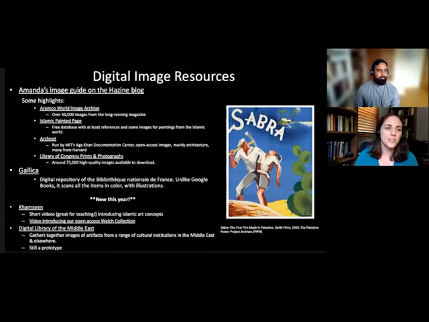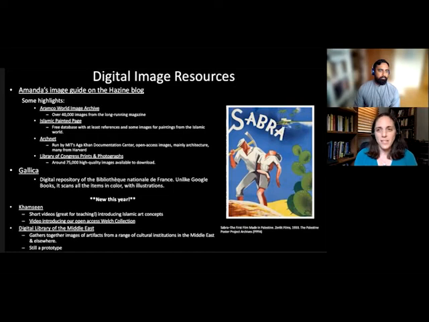Some highlights are the Aramco World Image Archive for more modern stuff. There's over 40,000 images from that magazine that they've made available on their website. The Islamic Painted page for manuscripts. ArcNet, which is not only architecture, but largely architecture.